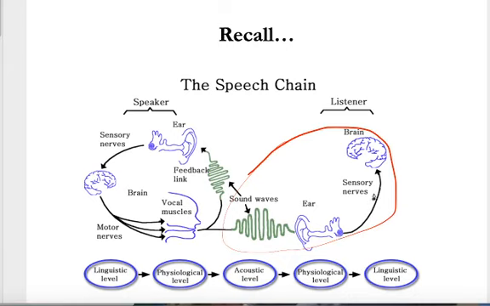Although I would say for the kinds of stuff that we're talking about, it would be nicer to have maybe a mind here, because we're not right now trying to figure out exactly how all this stuff is represented in the brain, but we are interested in how people recover a linguistic message from that sound signal, which is really more of a cognitive or mental domain than a neural one, but it's hard to draw a picture of a mind, so we have a brain there instead.